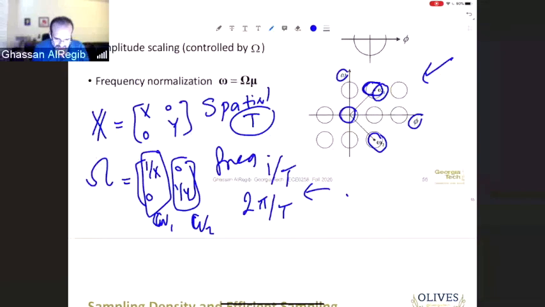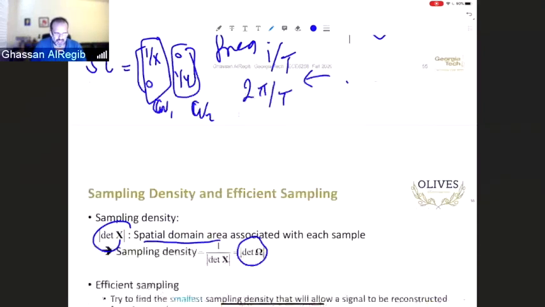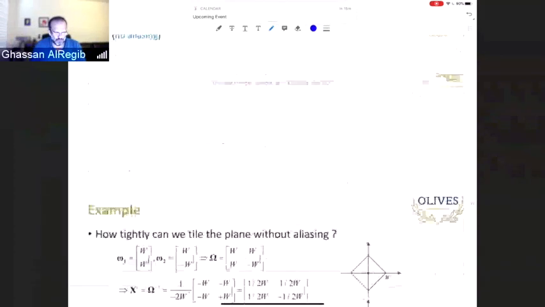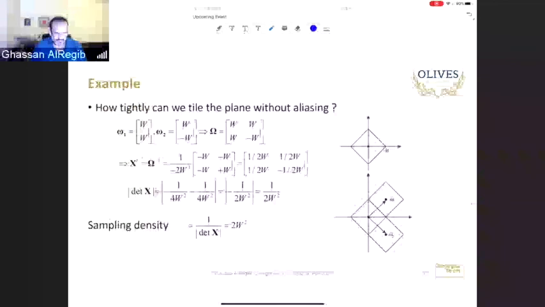No. If I can bring this disk to barely touch this disk, like this one, same thing in here, I can bring it here, bring this one there. They barely touch. There is some kind of gap between them. As far as I don't make them overlap, then I can reconstruct. I can make every single sample represent more in this case. That means I have the smallest sampling density. We'll pick this up next lecture, and hopefully the remaining few slides in this lecture will make things a little bit easier.